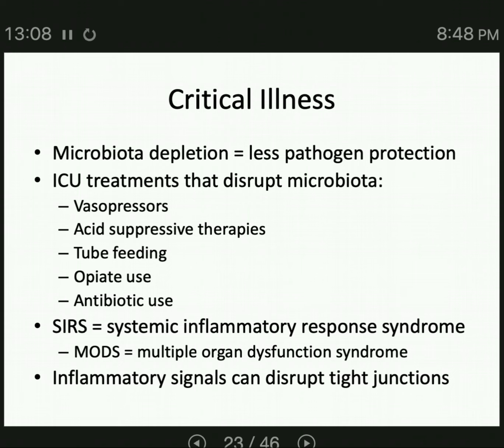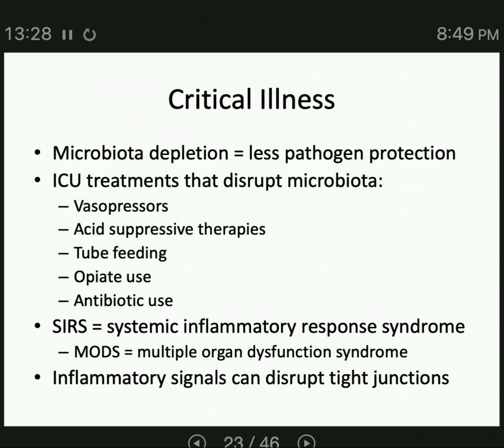So vasopressors can cause local hypoxia, or low oxygen conditions, and they also lower the pH. Acid suppressive therapies alter the pH of the intestine. Highly processed enteral or parenteral nutrition can cause a nutrient-deficient milieu in the bowel.